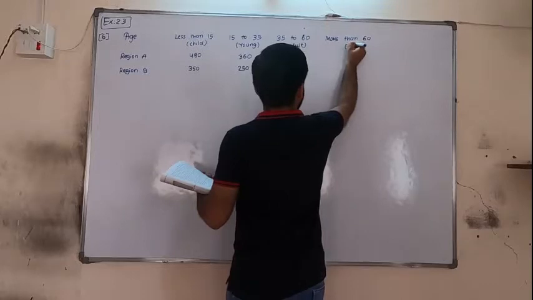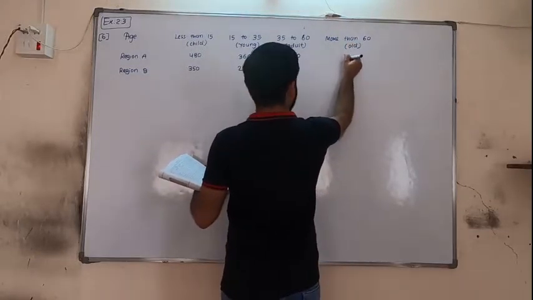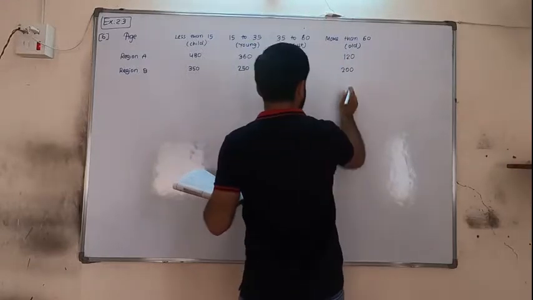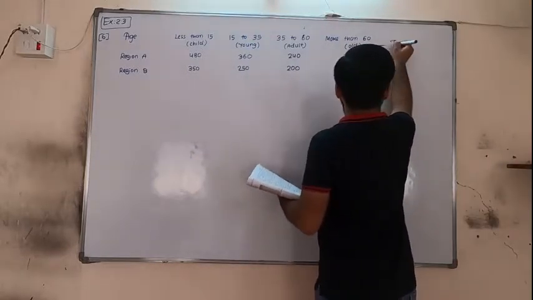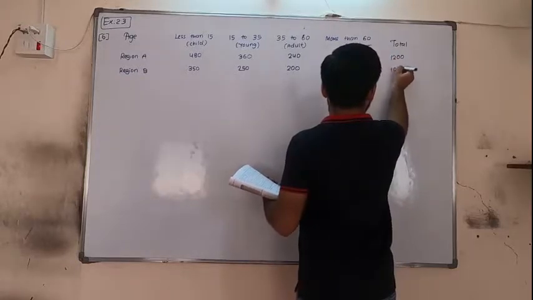More than 60 are old: 120, 200. Total: 1200, 1000.